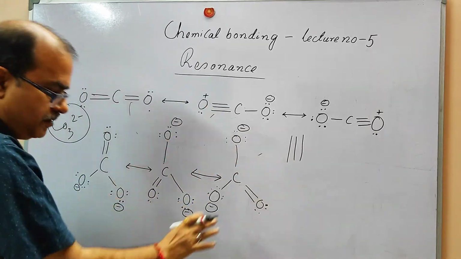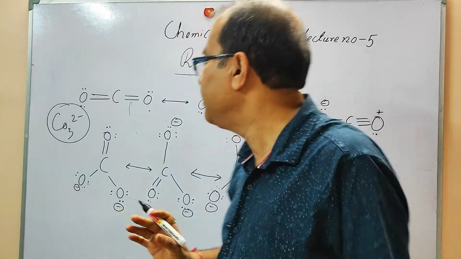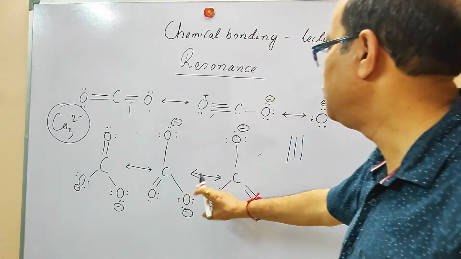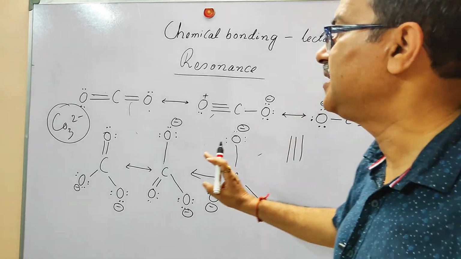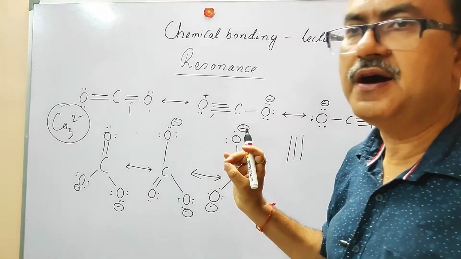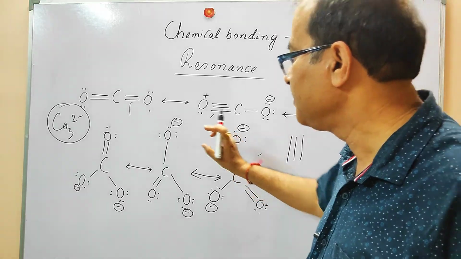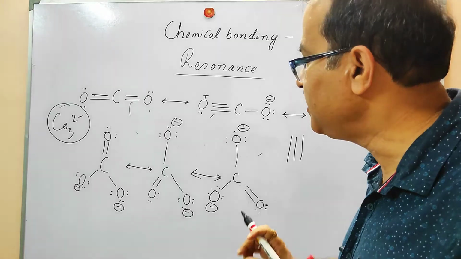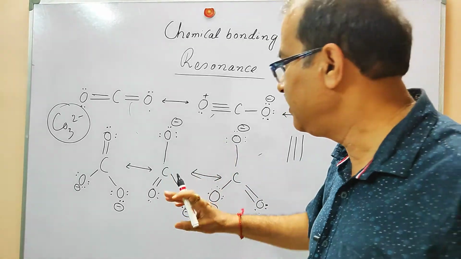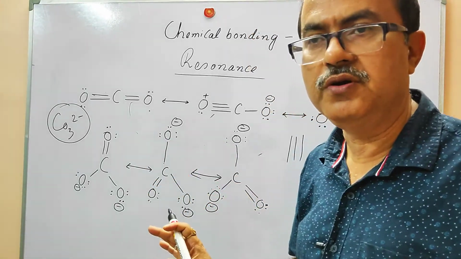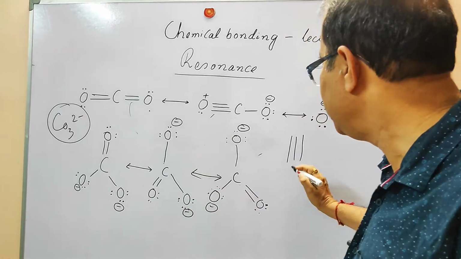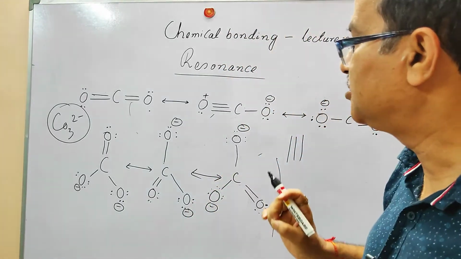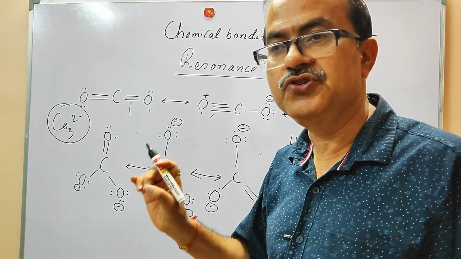These are the 3 resonating structures for the carbonate ion that you can see: structure 1, structure 2 and structure 3. But none of the structures is able to explain the carbon-oxygen bond length, because from these Lewis structures you see that one bond is either single or double, that is unequal bond length, but the actual bond length is equal, and that can only be explained by resonance.